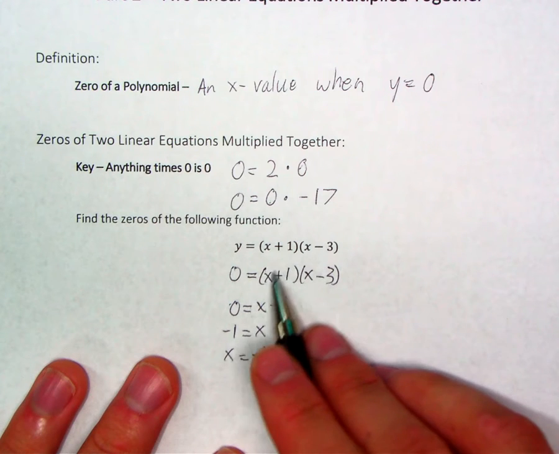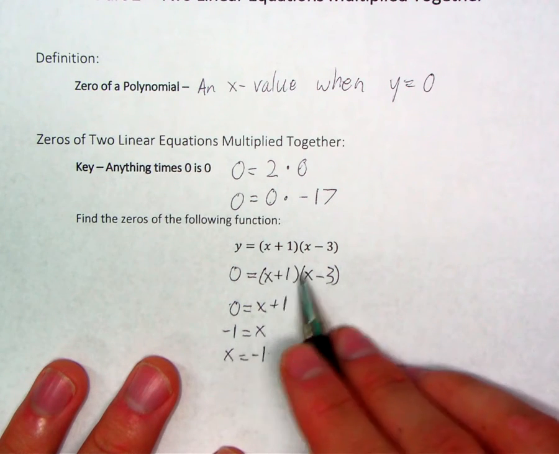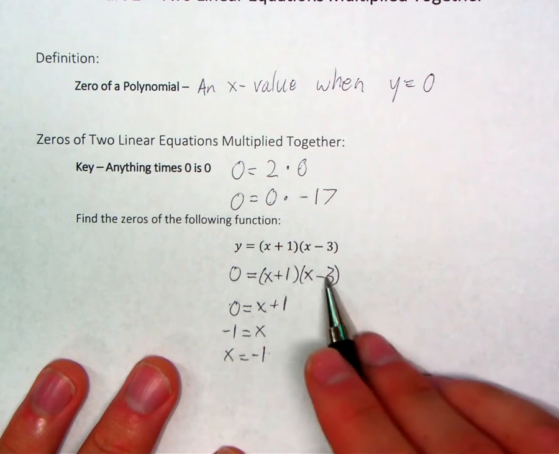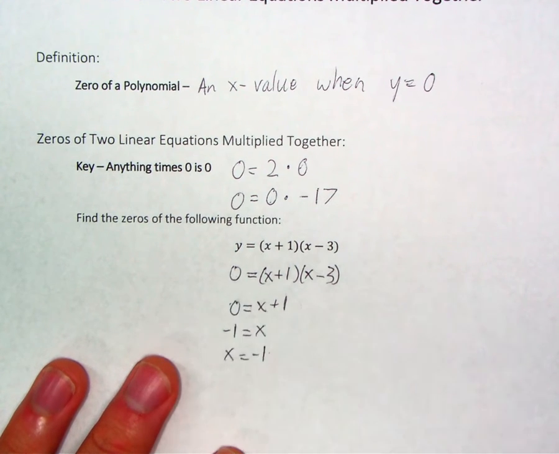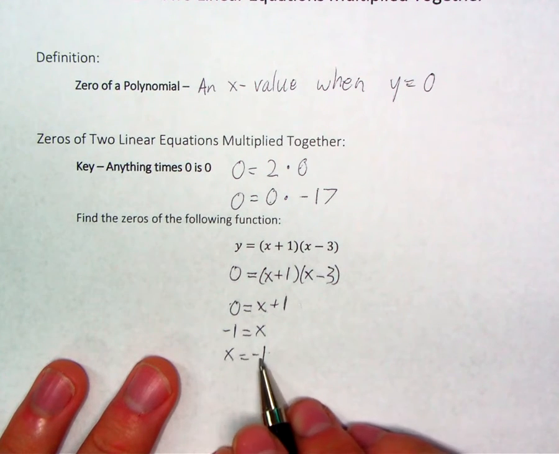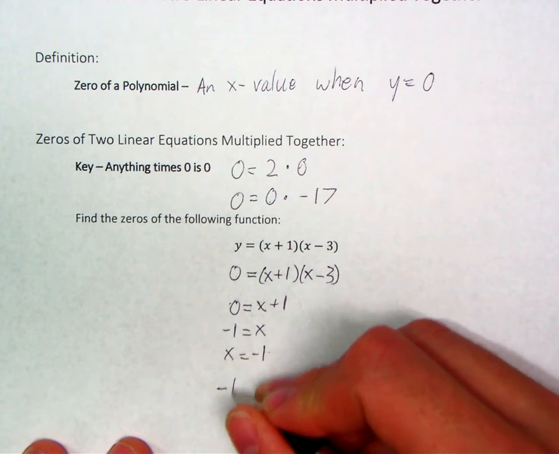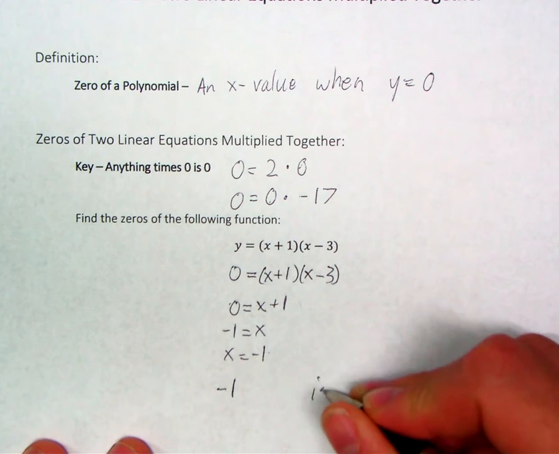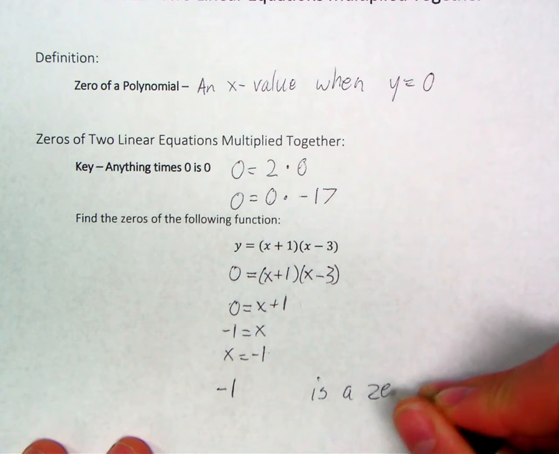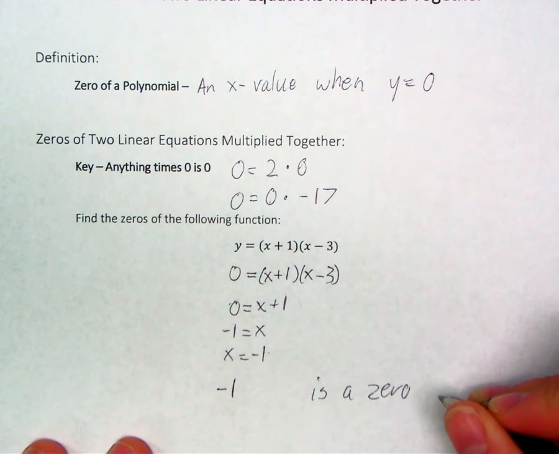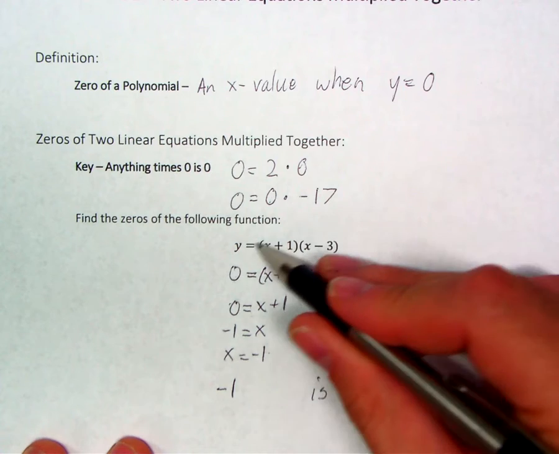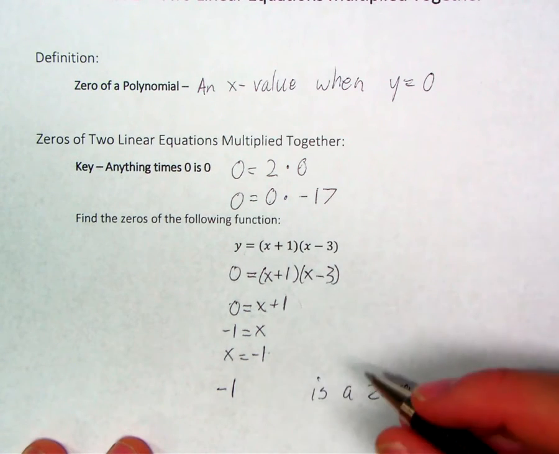And if x plus 1 equals 0, then I've got 0 times something else, and that makes y equal 0. So x equals negative 1 makes y equal 0. Negative 1 is a 0 of my polynomial up here, because it makes y equal 0.